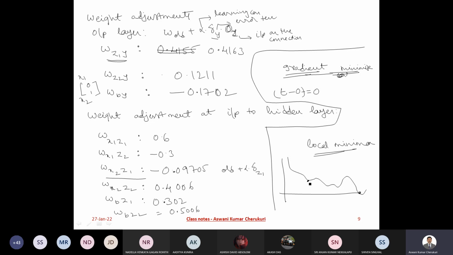One should not settle down at this local minimum, but should still proceed further and try to find the global minimum. But in the majority of cases, gradient descent algorithms like backpropagation have a tendency to settle down in the local minimum.